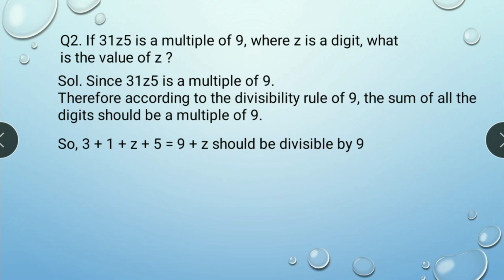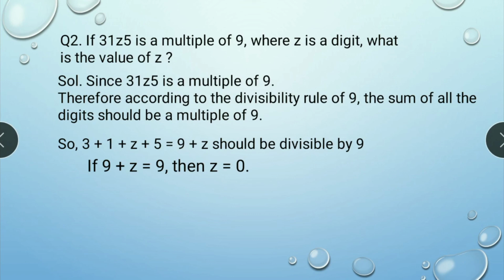Or should be a multiple of 9. Both are same. So what's the first multiple of 9? That is 9. We have already 9. So 9 is divisible by 9. Clear? So the value of z we can put maybe 0. Why? Because 9 plus 0 is equal to 9. Okay, can we have one other value?